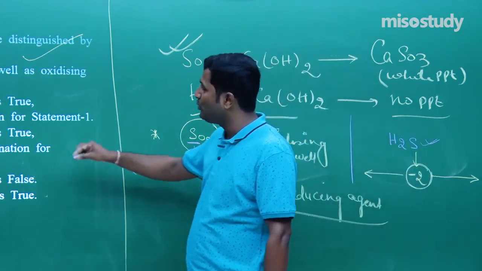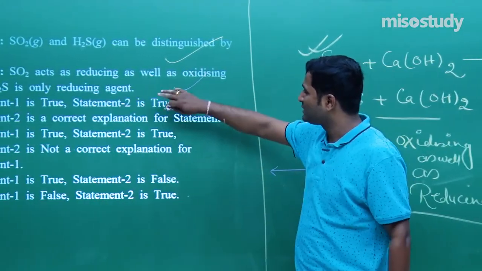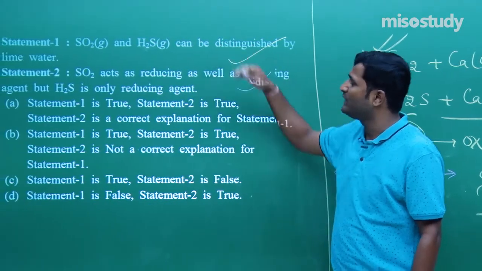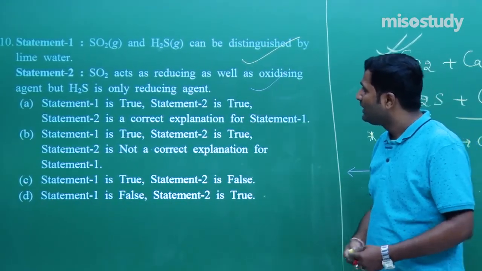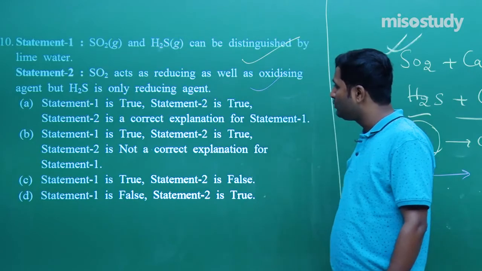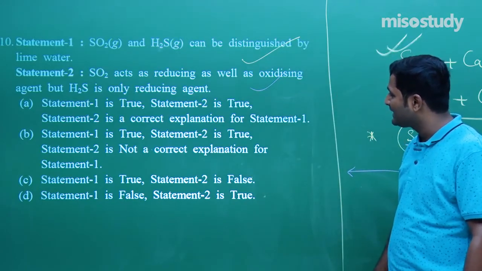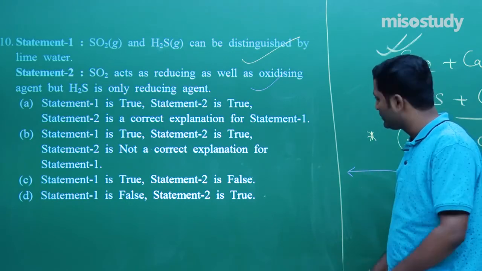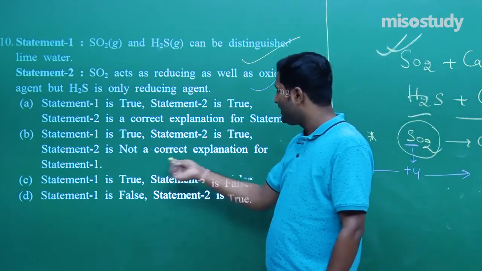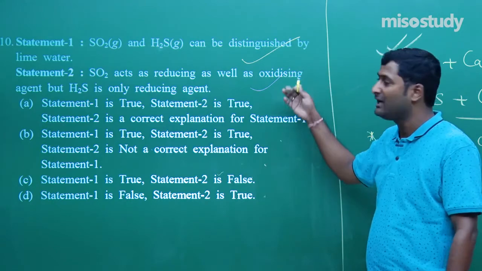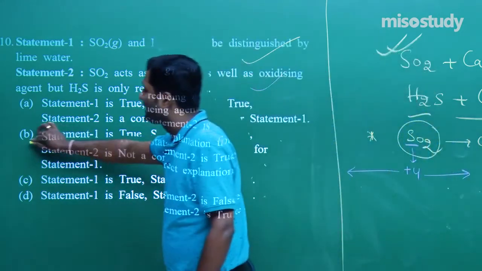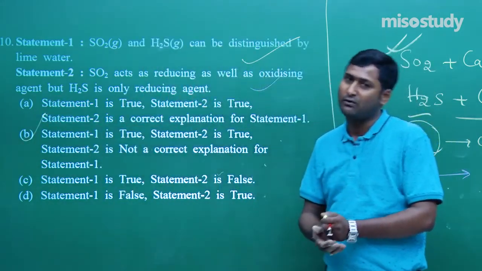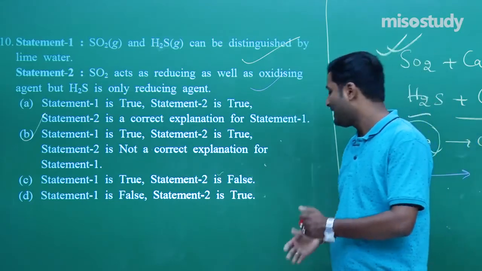So statement 2 is also correct, but there is no relation of statement 2 with statement 1. Statement 1 is true, statement 2 is true. Is statement 2 a correct explanation for statement 1? No relation. Definitely statement 2 is not a correct explanation. There is no link. So B is the correct option. Clear to you? So for question number 10, B is the correct option.